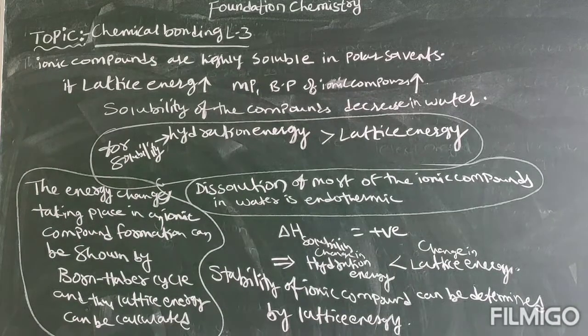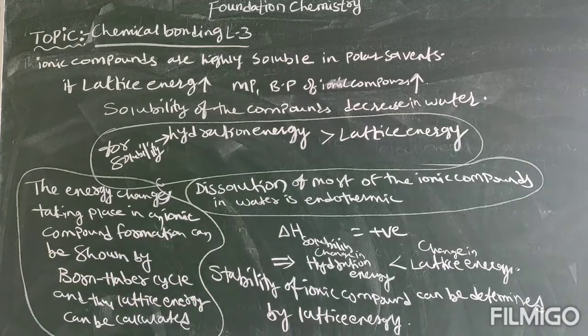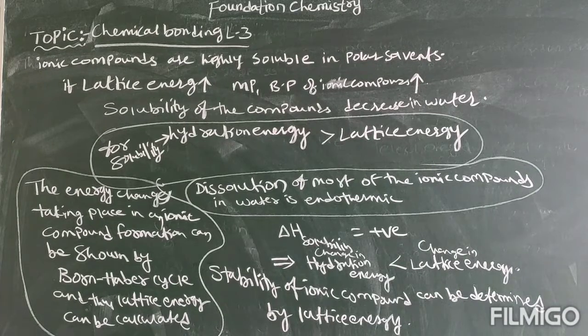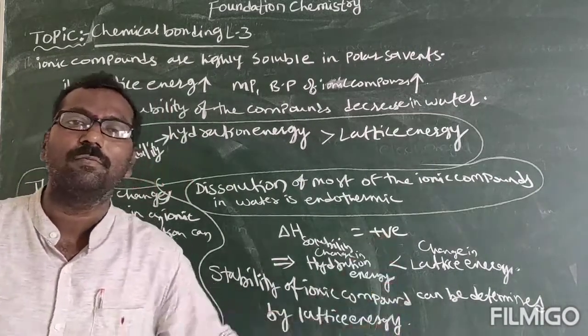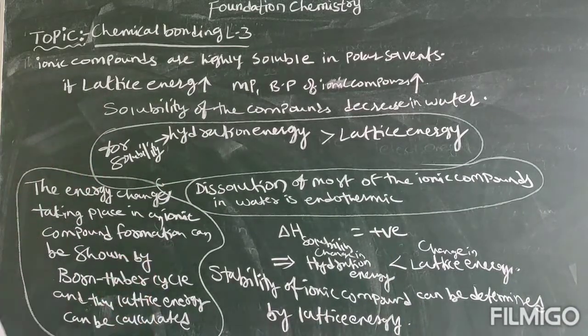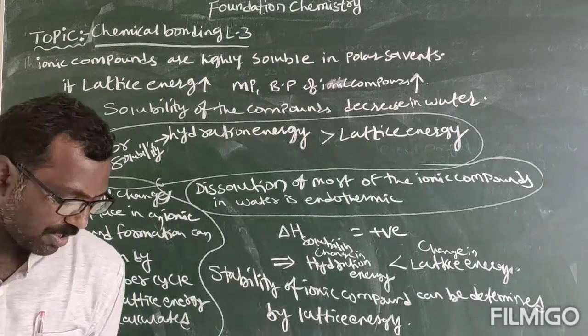The energy changes taking place in an ionic compound formation can be shown by the Born-Haber cycle, and thus lattice energy can be calculated. Why do we need lattice energy? To find the stability. High lattice energy values will give more stable compounds. That is the reason.